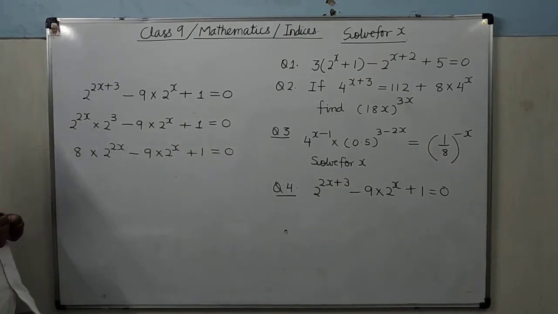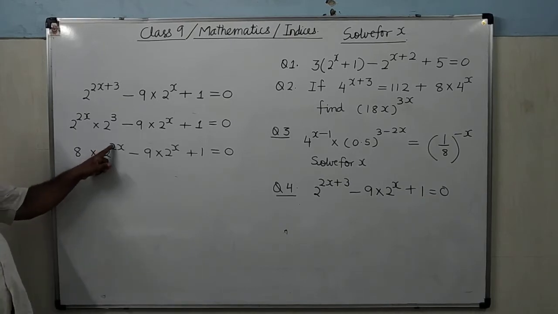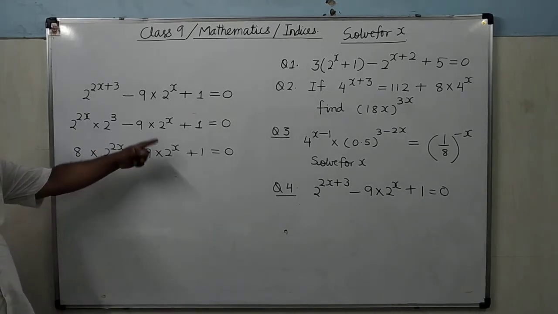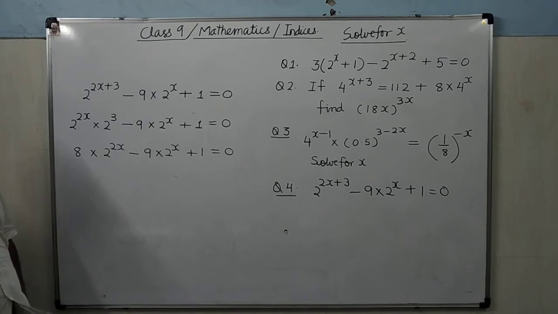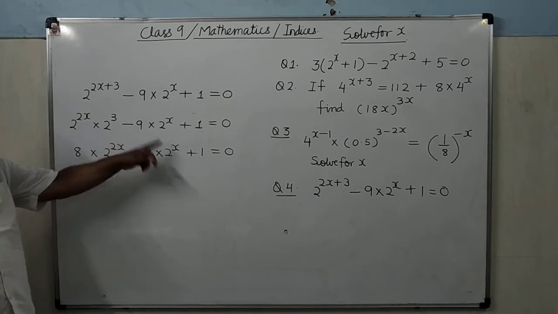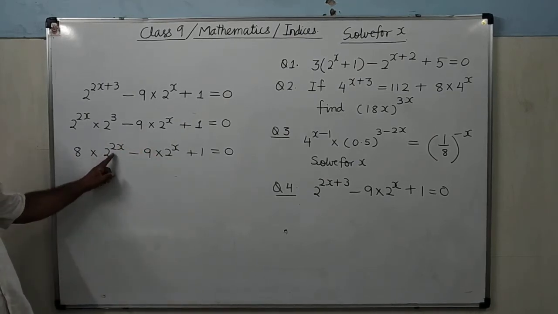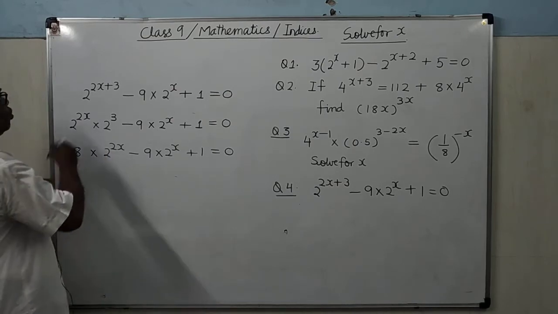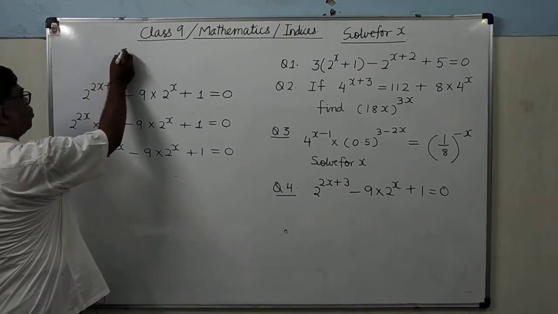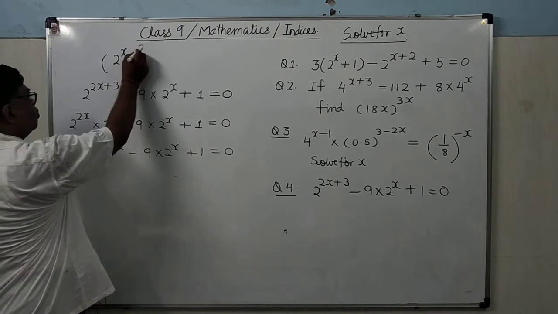Now see here, you can see here it is 2 to the power 2x and here it is only 2 to the power x. Then what will you do? Because both are the different thing. Here power is 2x, here power is x. So what will you do? You write this term as 2 to the power x whole to the power 2.